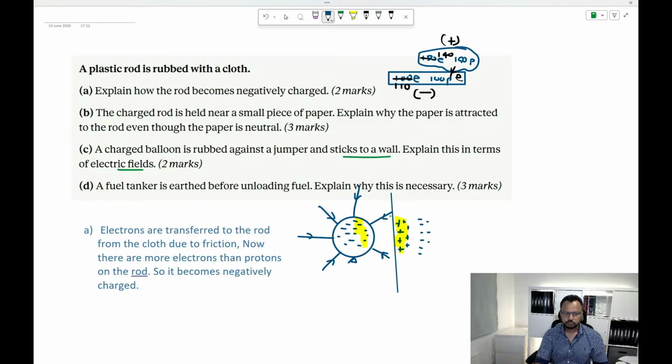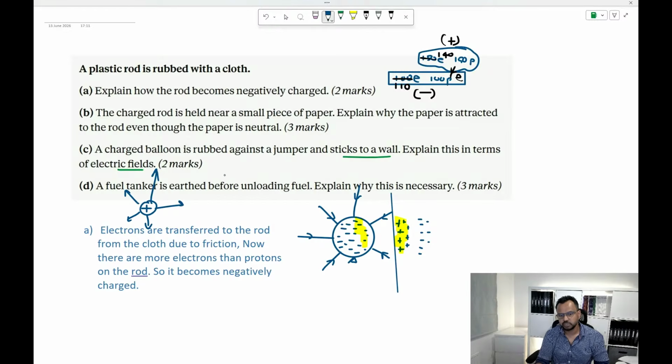Now, the involvement of electric field is because this is a charged particle, guys. The balloon is charged, so it has its own electric field around it, isn't it? A positively charged one gives electric field lines outwards. For a negatively charged one, the electric field is coming inwards, right?